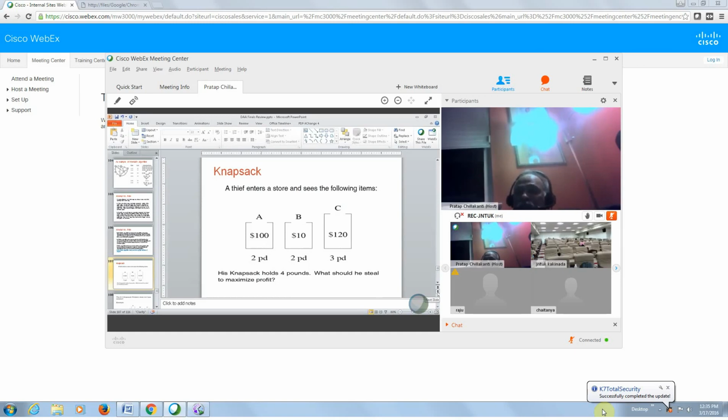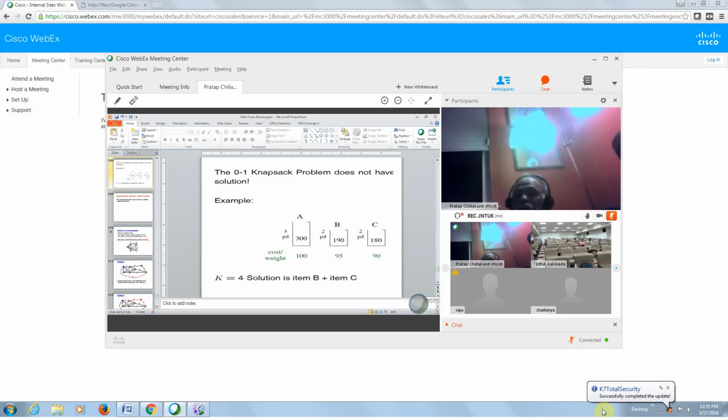Because if you go by the greedy algorithm, it always tries to take the one with the highest weight, right? Okay, highest weight is 3 pounds. So it will get the value how much? 100. Correct?